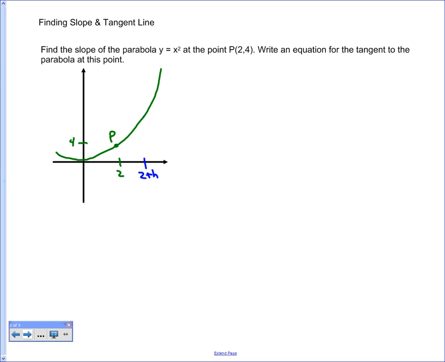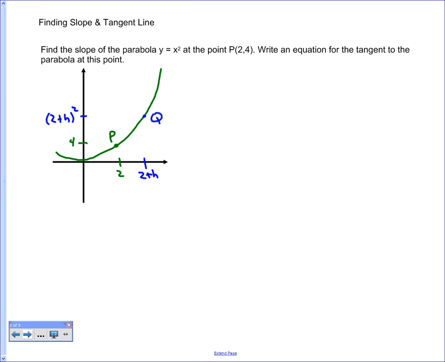And that point would be about here. Let's call it Q. And the value over here is going to be, we put 2 plus h into y equals x squared, 2 plus h squared.